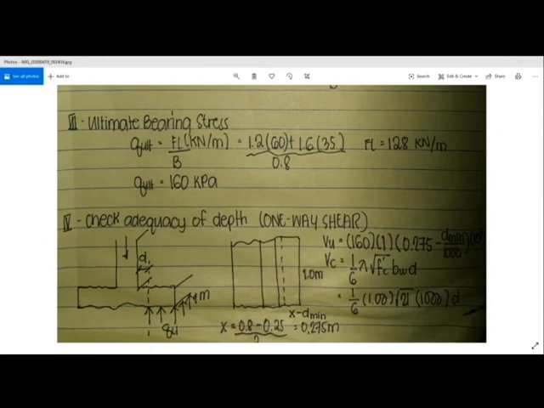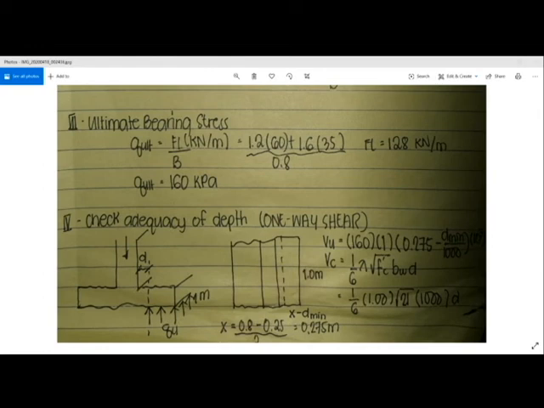Same as before, the critical section is at a distance D from the face of your wall. So in top view, this is how it will look: x minus D minimum.